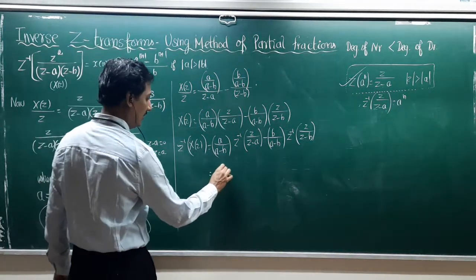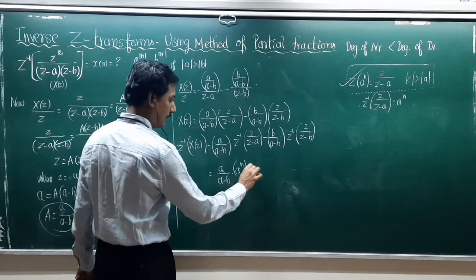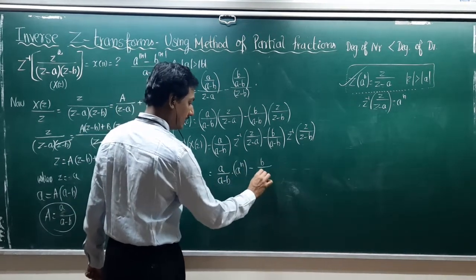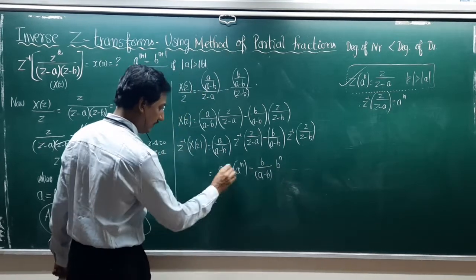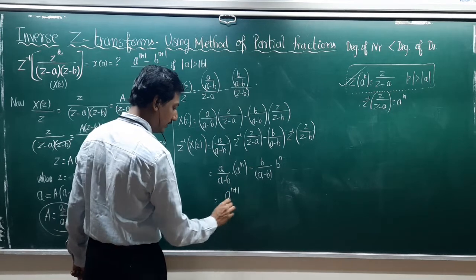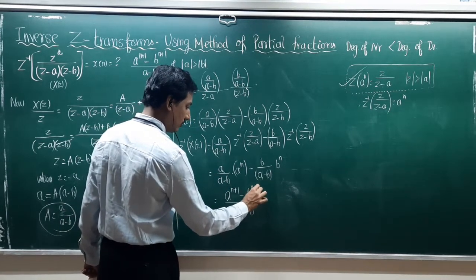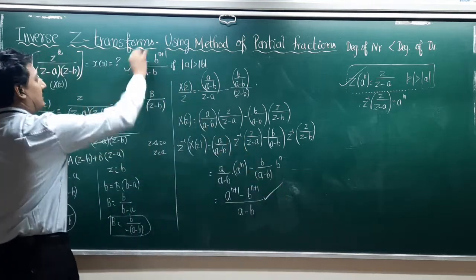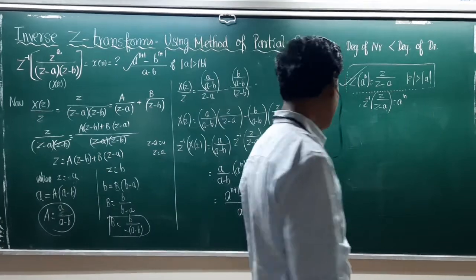So this becomes a by a minus b into a to the power n, minus b by a minus b into b to the power n. Same powers, so let's multiply this. We get a to the power n plus 1, the denominator is the same, a minus b, and minus b to the power n plus 1. So the answer is a power n plus 1 minus b power n plus 1 by a minus b.